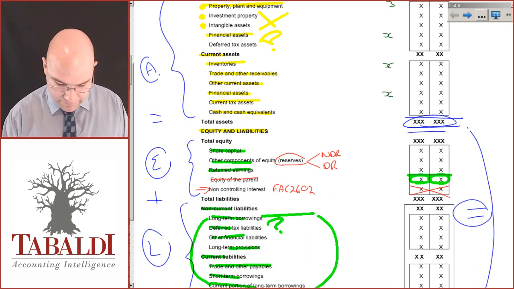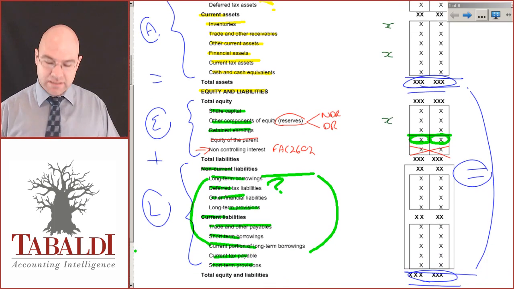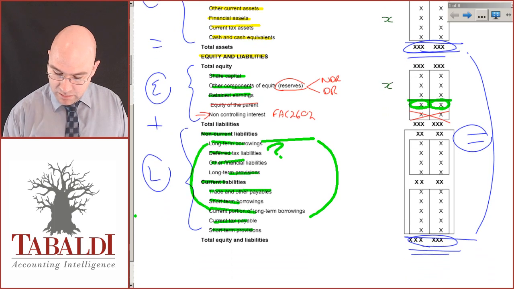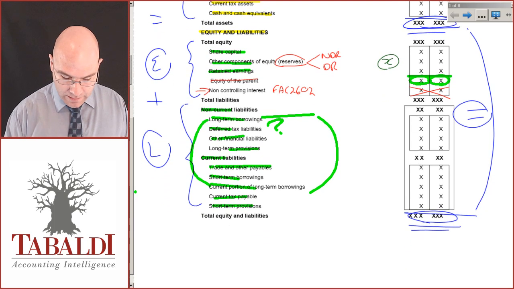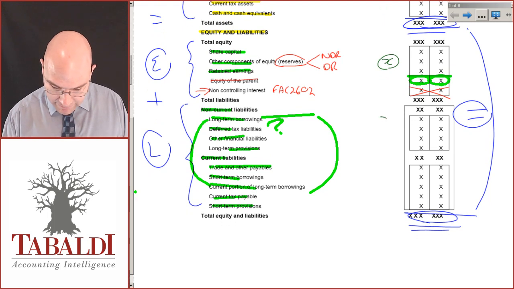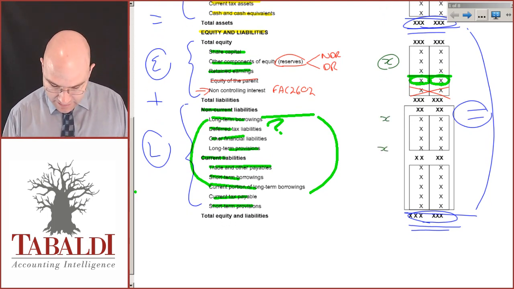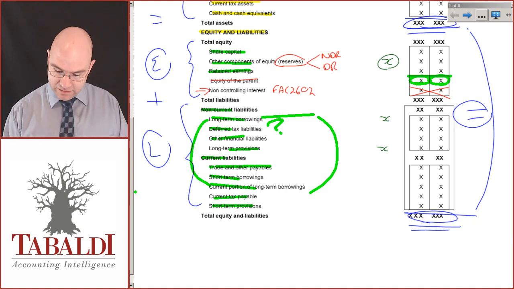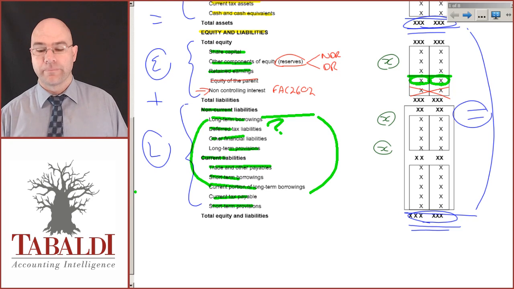Cash and cash equivalents will have a note. Equity will have a note. So I'm just putting X's. You must put in the number that the note is going to reference to. We'll do that just now. Then long-term borrowings will have a note. Provisions will have a note, etc., etc. You will list all the items that I will tell you to disclose in the notes.